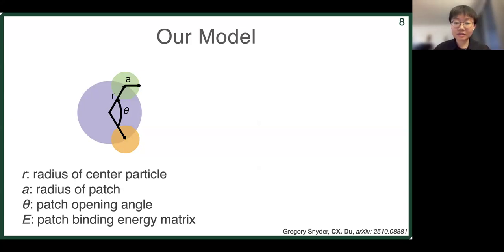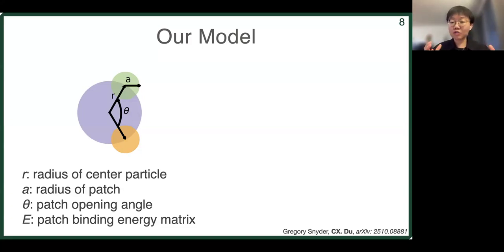Then we have A, the radius of the patch, which decides how precise our interactions will be. Theta is the patch opening angle, which determines the location of the patches, so it's one of the parameters that decide what final structure it can form. And then we also have E, the patch binding energy matrix.